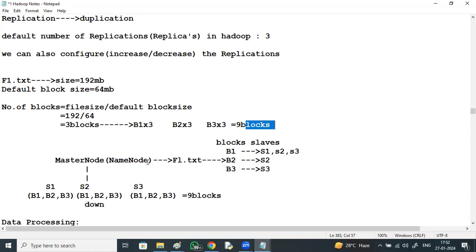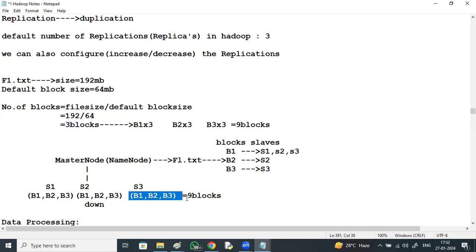Master node, name node, and S1, S2, S3. In S1 you can store B1, B2, B3. In S2 also B1, B2, B3, and S3 also B1, B2, B3. So each slave holds 3 blocks.